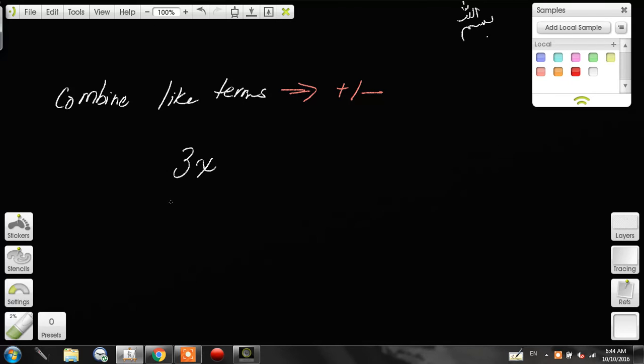if I have 3x plus 4x, it's like saying I have 3 apples and 4 apples. How many apples do I have? I have 7x, 7 apples, like that. This is not 7x squared or anything like that. This is just 3x plus 4x, 7x. 3 of something plus 4 of something is 7 of something. You can subtract them. 3x minus 4x equals minus 1x, or just minus x.